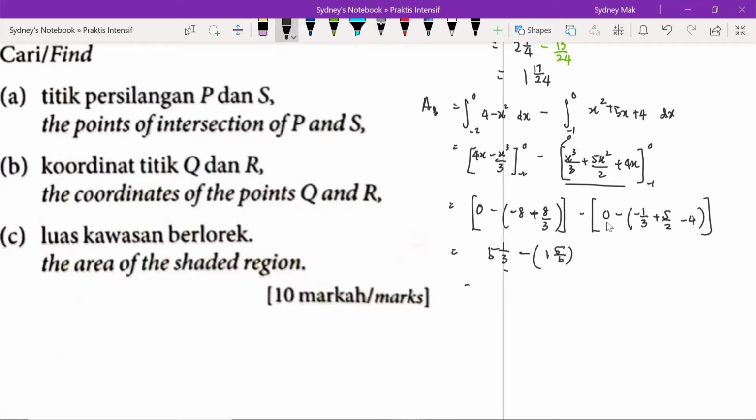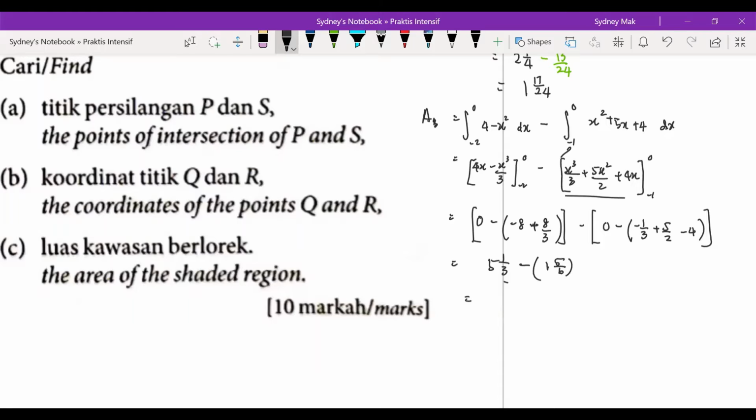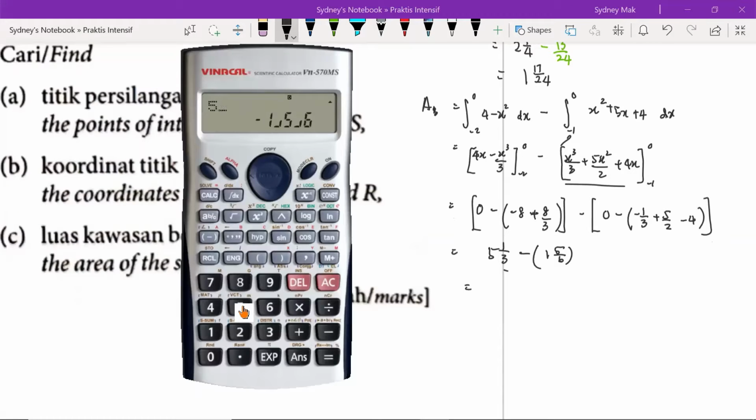So these two fractions, let's find the difference. So we have 5 and 1 over 3, and then minus 1 and 5 over 6.